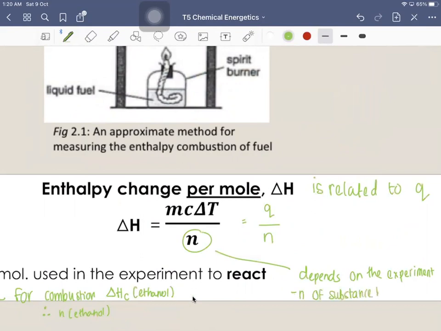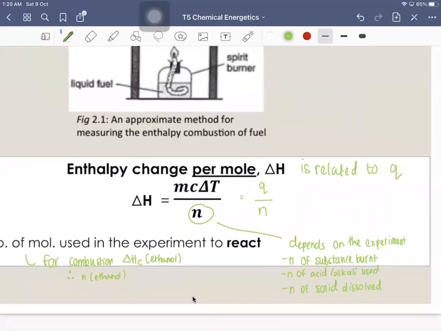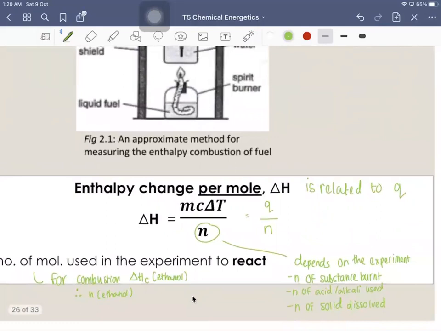It can also be the number of moles of acid or alkali used in the case of neutralization. It can also be the number of moles of solid dissolved in the case of solution. So it's a case by case scenario.